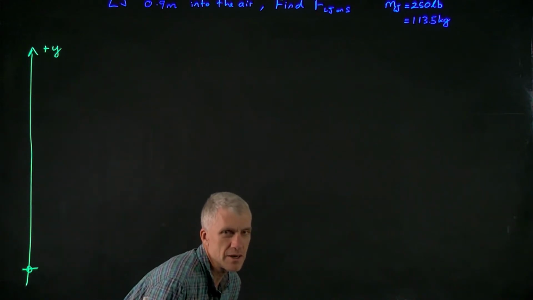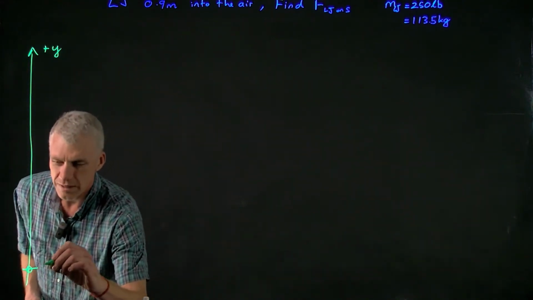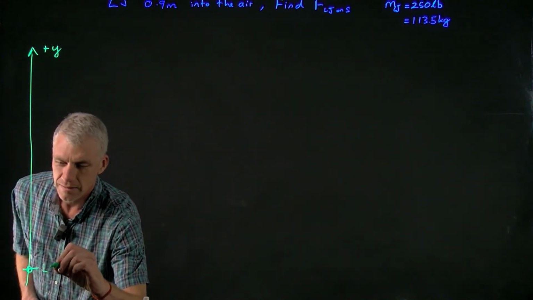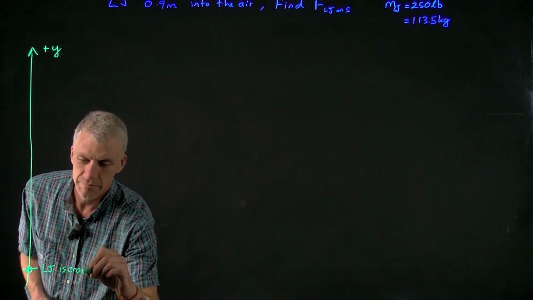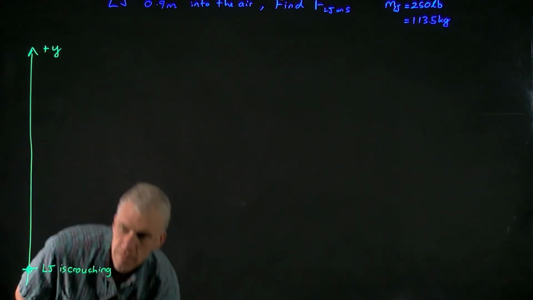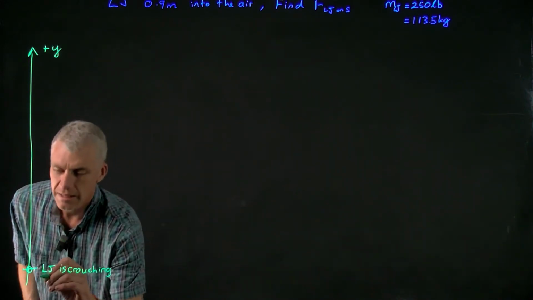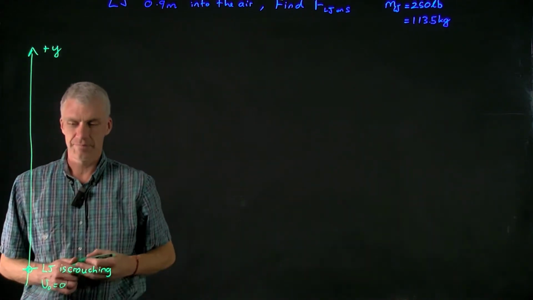So this is going to be a starting point, in his crouched position. At this point, LJ is crouching, and his initial velocity, V0, is equal to 0.